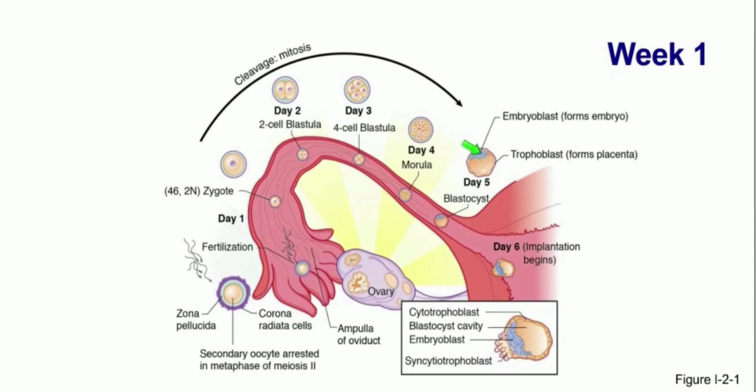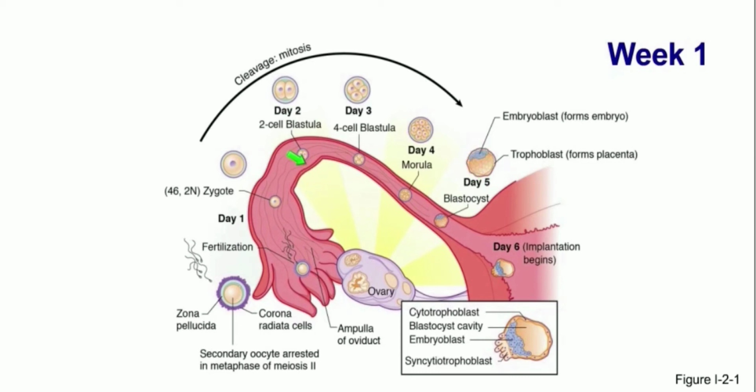And so we end up converting from a solid ball of cells, which is what the morula is, into a hollow ball of cells, hollow in the sense that we have this fluid-filled cavity here with an accumulation of cells on one side. And that is now called a blastocyst, and that's where we get to by day 5.